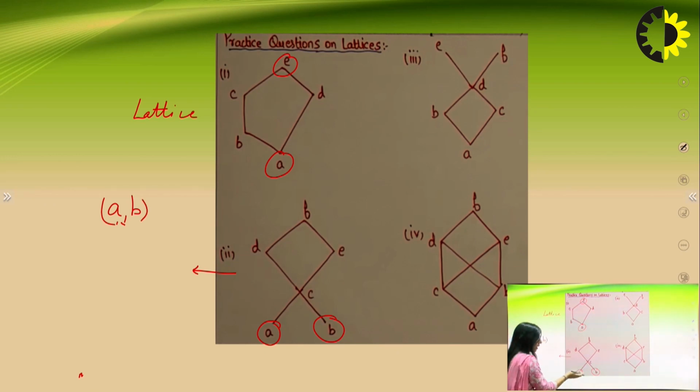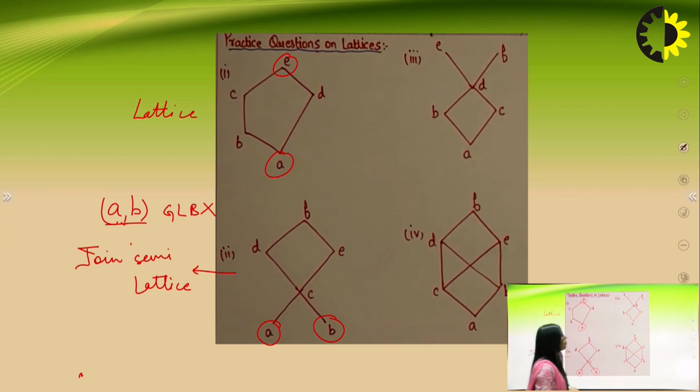As we can see, from A and B we cannot move downwards, so there is no element which we can reach from A and B. So there is no greatest lower bound. So this will be a join semi-lattice, because for each pair you can find the least upper bound but you cannot find the greatest lower bound.